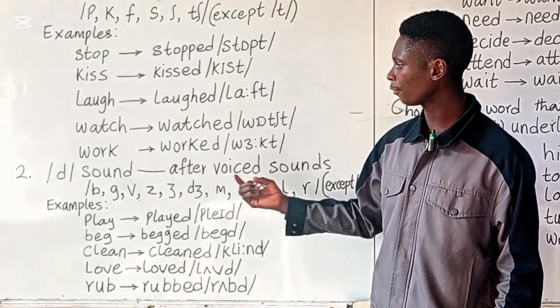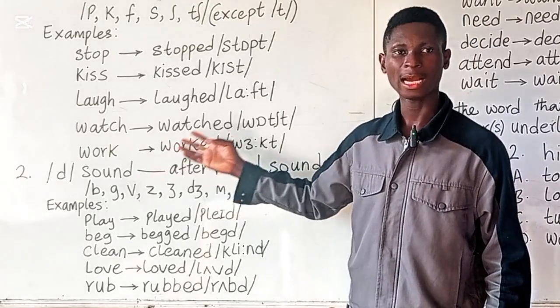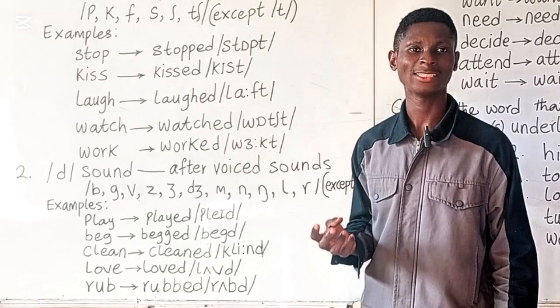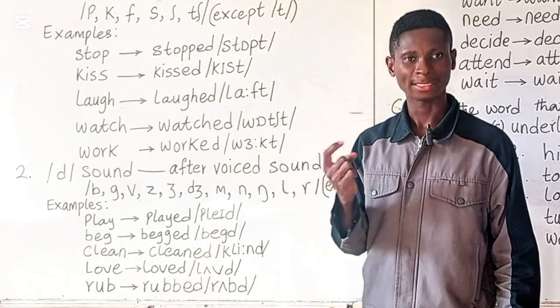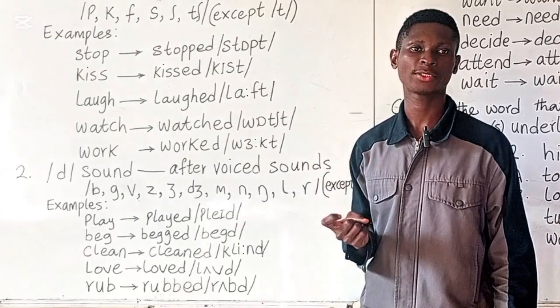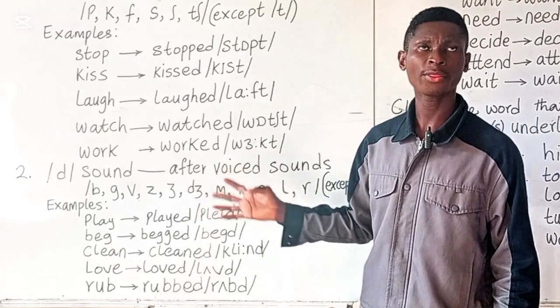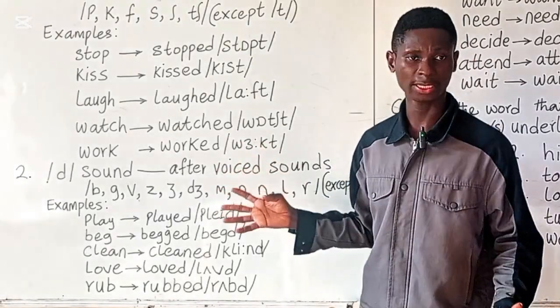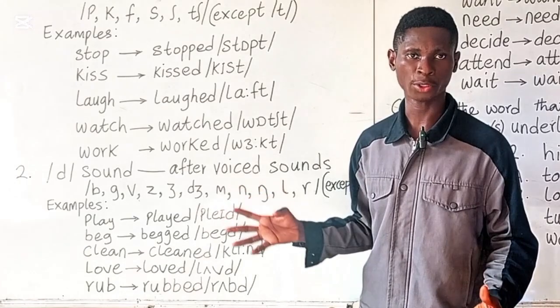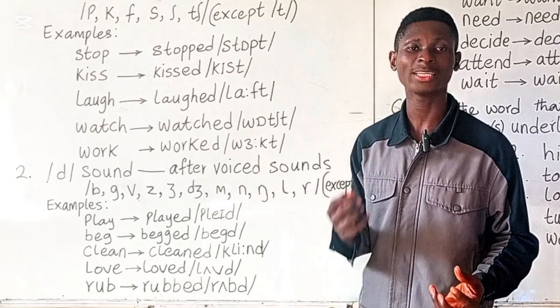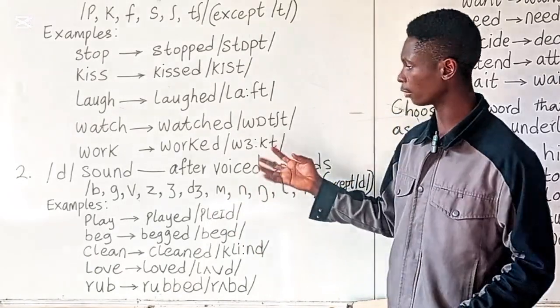So if you have ed after any vowel sound, it will be realized as d because that vowel sound is voiced. Then we also have other consonant sounds that are voiced, that is, those ones you say with a vibration in your throat. So those are voiced sounds.